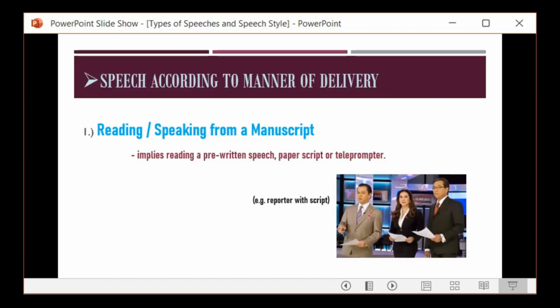The teleprompter is a device used to display the script of a speaker that needs to be read by a certain anchor or a news anchor.